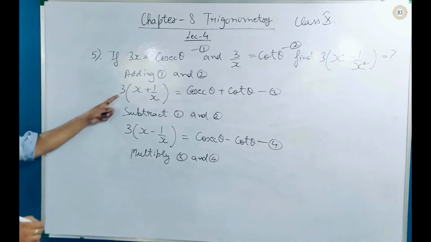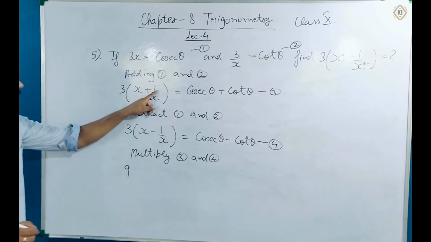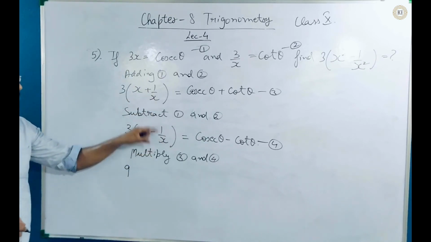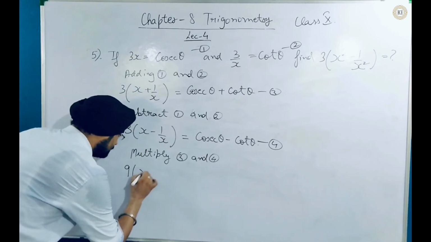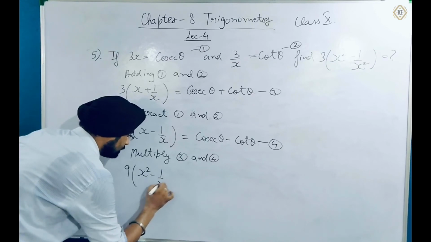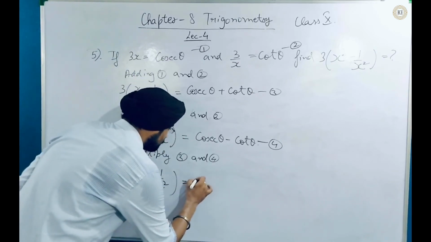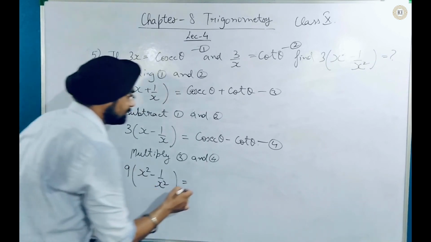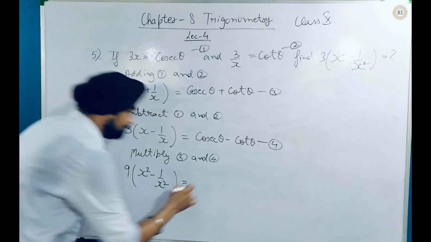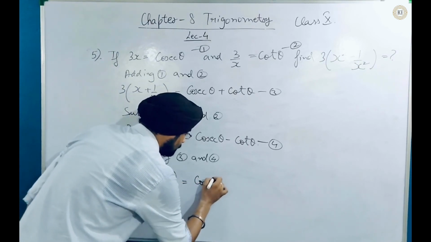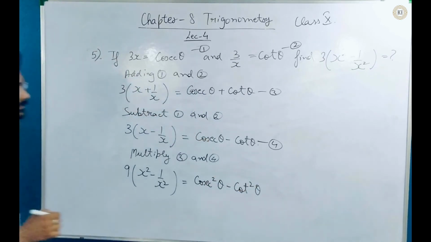When we multiply, 3 into 3 will be 9, x plus 1 by x into x minus 1 by x, that is we apply the formula of a plus b into a minus b, that is x square minus 1 by x square, and cosec theta plus cot theta into cosec theta minus cot theta, again apply the formula of a plus b into a minus b, it will come cosec square theta minus cot square theta.